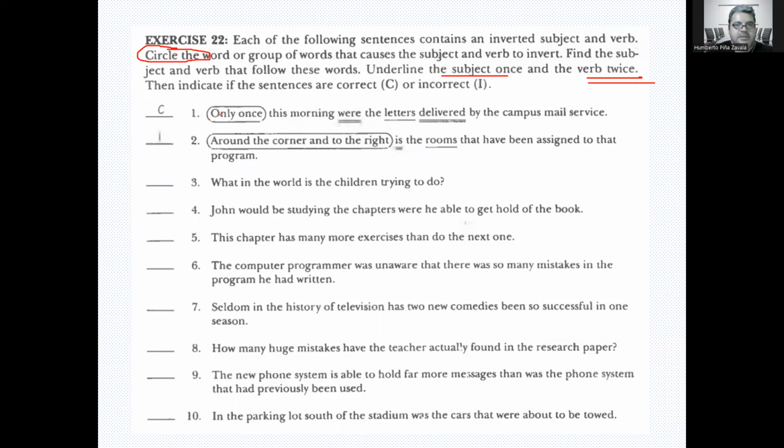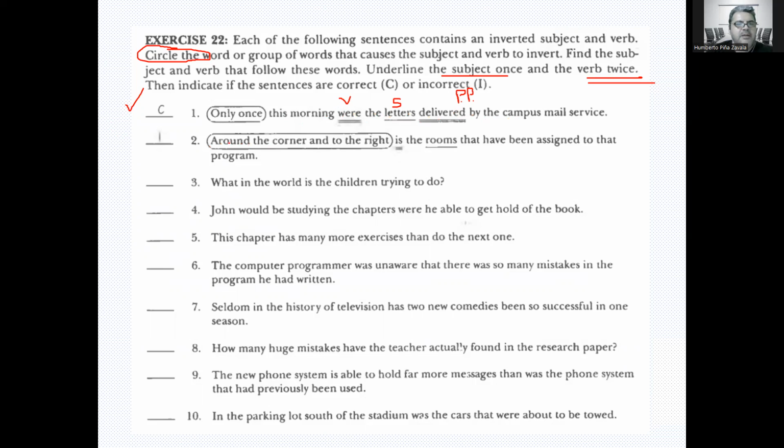This is like an almost negative expression. This morning were the letters delivered by the campus mail service. So the letters, the subject, is plural, so the verb is were. This is passive voice. We have delivered as the past participle. But yeah, this is fine.